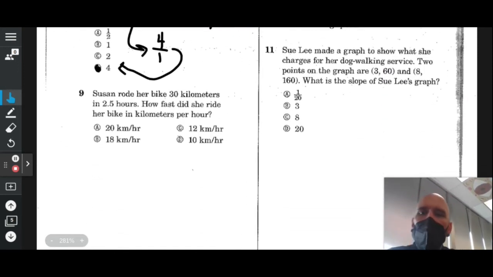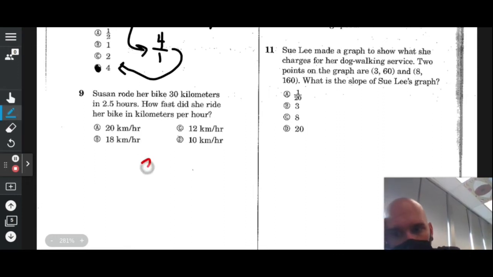Susan rode her bike for 30 kilometers in 2.5 hours. How fast did she ride her bike in kilometers per hour? All right, well, 30 kilometers per 2.5 hours is going to be 18 kilometers per hour. 30 divided by 2.5.